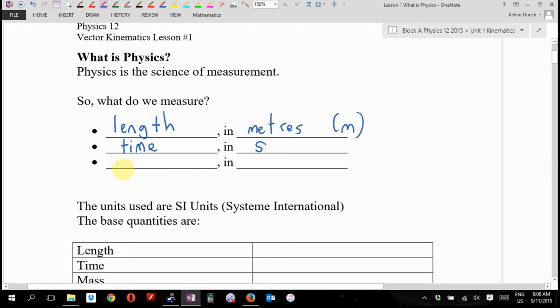And mass. It should be grams, because it should. I noticed this doesn't have a prefix in front of it. Grams would make more sense to me in terms of symmetry, but unfortunately a gram is too small.